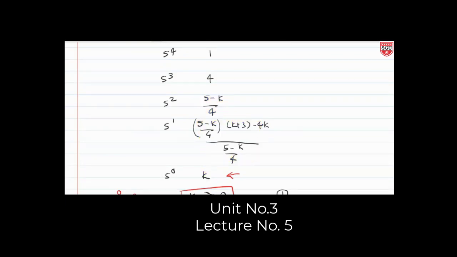If we do so, then we can say the first column of the Routh array has the same signs, and hence there is no sign change and the system is stable. Like that we also have to solve problems and make a given system stable by considering the various factors.